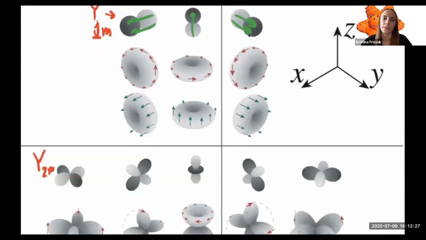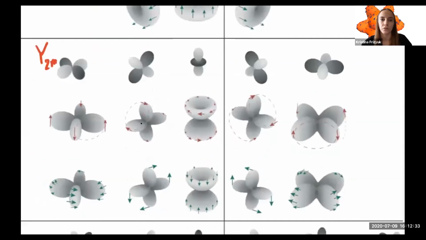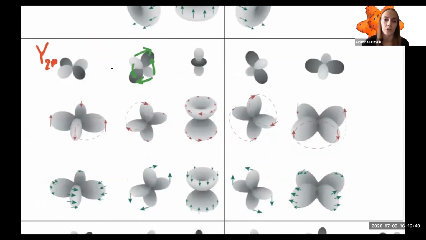You note that these arrows coincide with the direction of arrows on the vector spherical functions. For quadrupoles, you perform the same. You do something like this, and with this help you can find out how vector spherical harmonics look if you, for some reason, cannot find them.